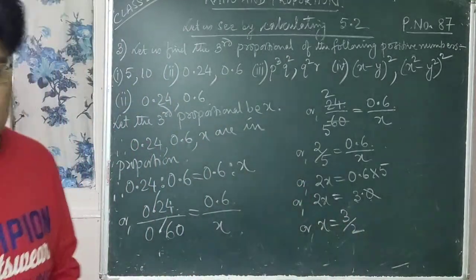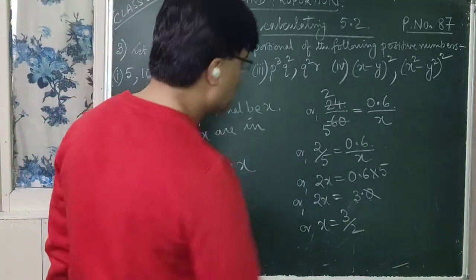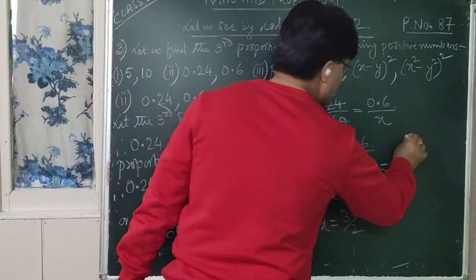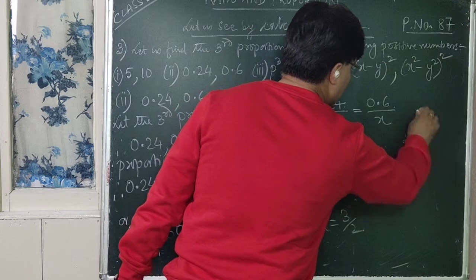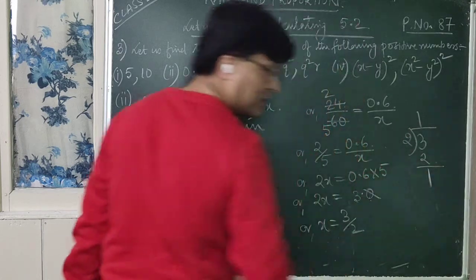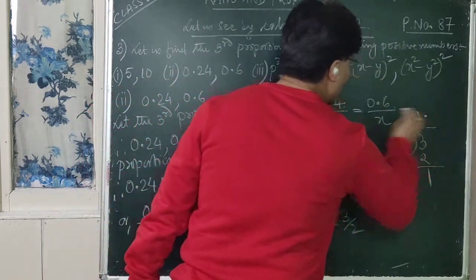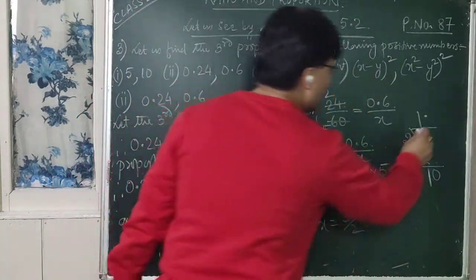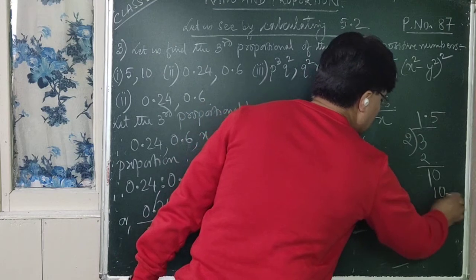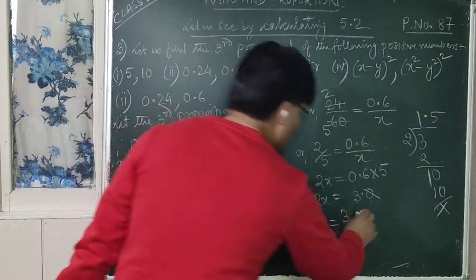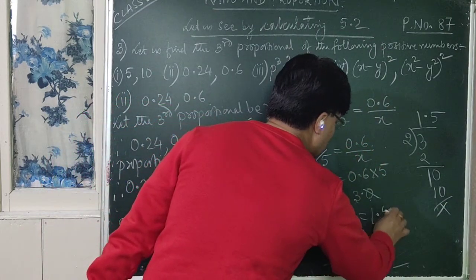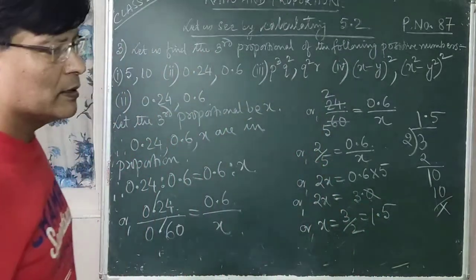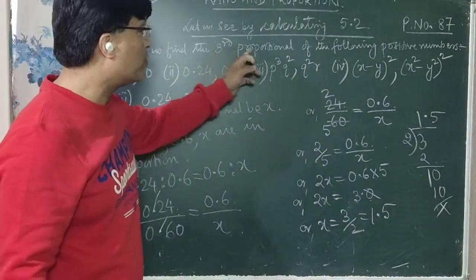Now can you divide 3 by 2 now? So you can write it in terms of decimal. 2 into 3: 2 1s are 2, 1. Let us write down the decimal point. If you write down the decimal point, you can add 0 here. Now 2 5s are 10, right? So what is 3 by 2? It is 1.5. So what is the required third proportional?